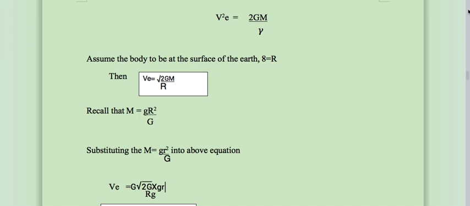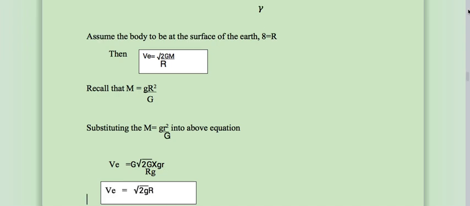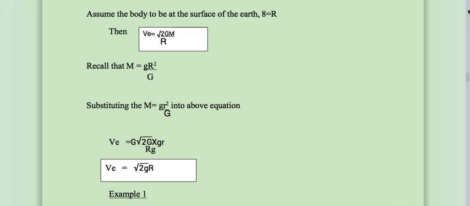We will substitute the value of M in the above equation. We will find out that G cancels out, and in the end it will give us that escape velocity is equal to the square root of 2gR, small g and capital R. That is, we have two values for escape velocity.